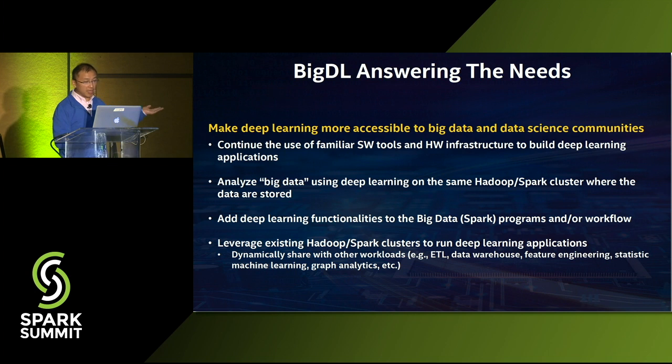The other part is that you can build deep learning applications as part of your standard big data or Spark application, and use all those standard workflow management tools already built for your big data workflows to manage that. And finally, as I mentioned before, you can directly leverage the existing Hadoop or Spark cluster you already have to run your deep learning applications.